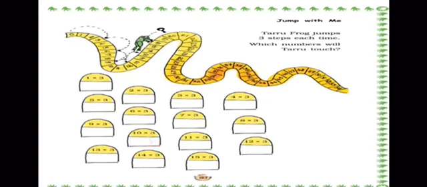And then again 3 steps from 30, it's 33. So 3 11s are 33. Then again 3 steps from 33, it's 36. So 12 3s are 36. Then again 3 steps from 36, so it is 39. So 13 3s are 39.